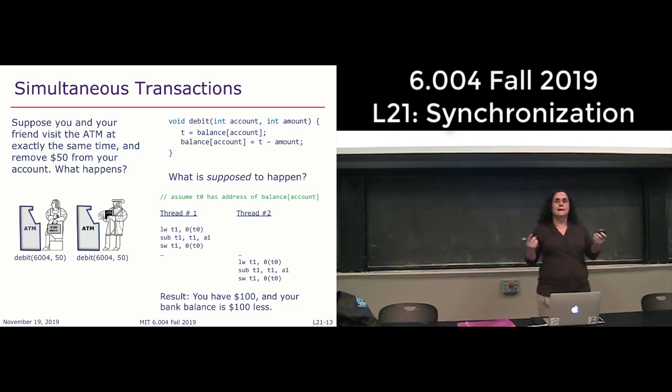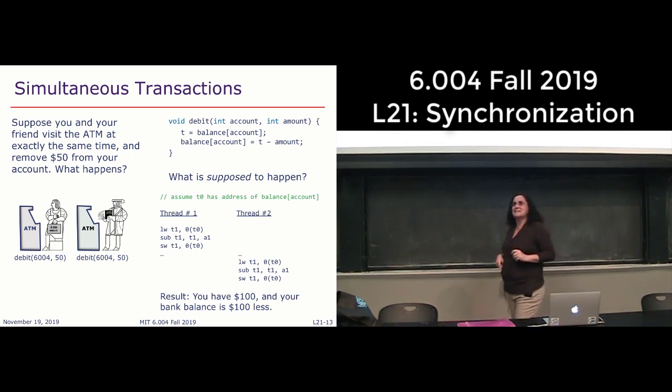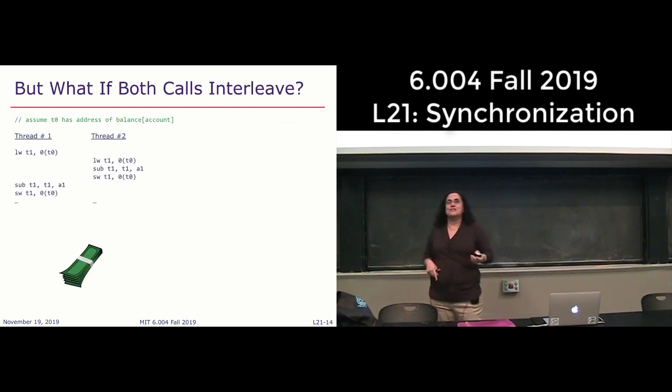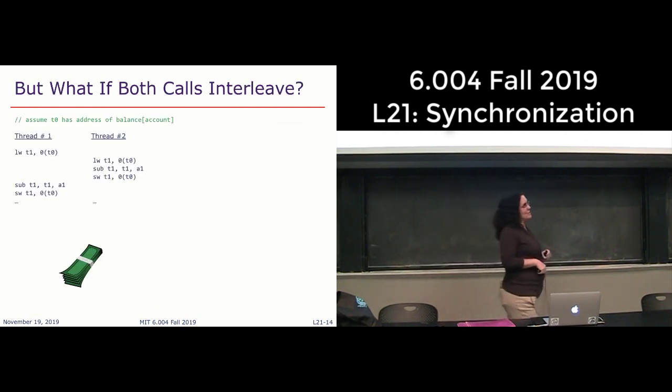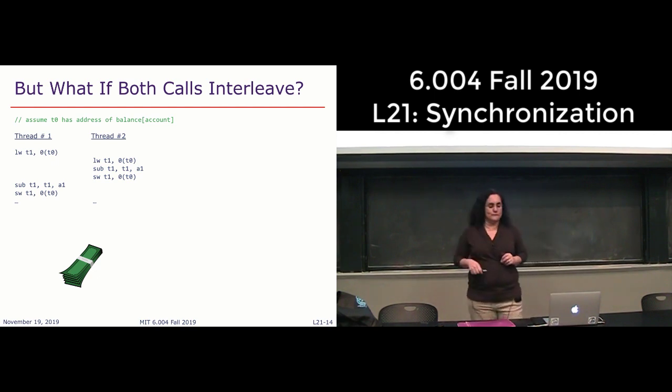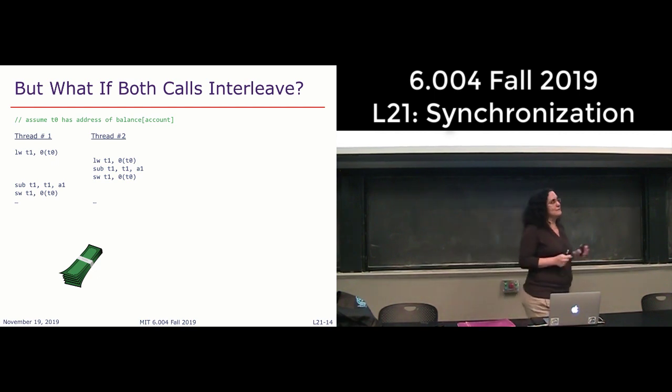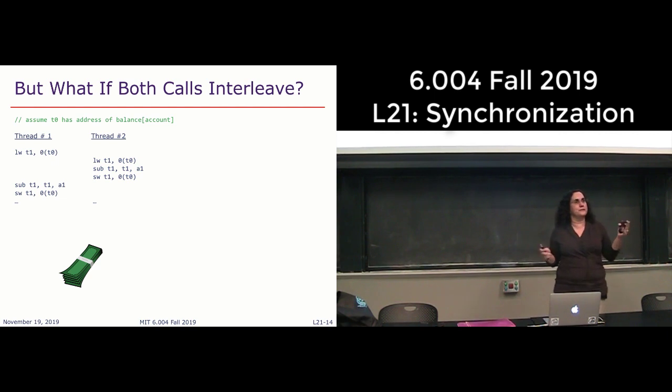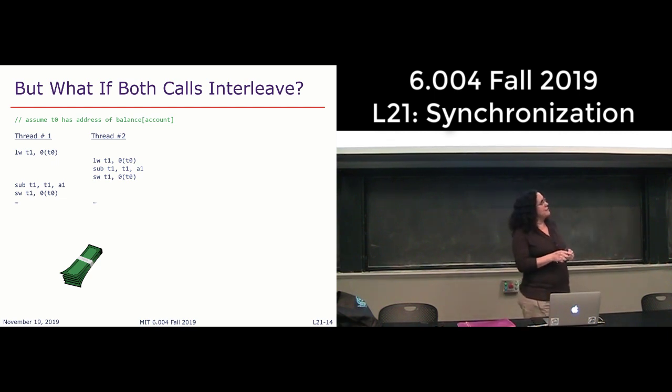But obviously, it's not as simple as that. Imagine that instead of executing the way I just showed you, the instructions were interleaved. They look something like this. Let's think about what happens in this situation. I started off with the same $1,000, and my first thread comes along and reads the balance, setting T1 to 1,000.